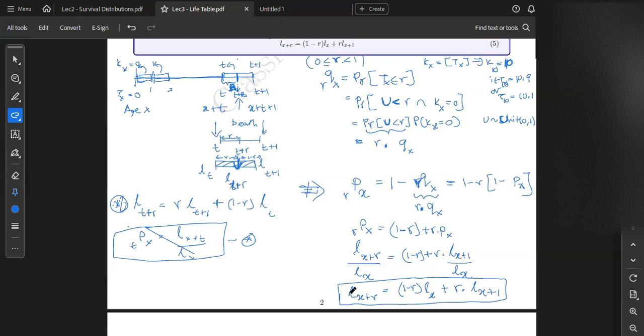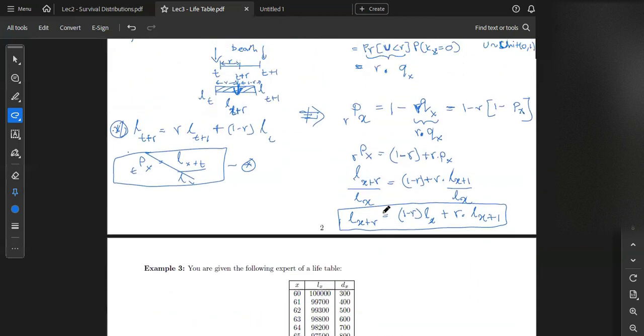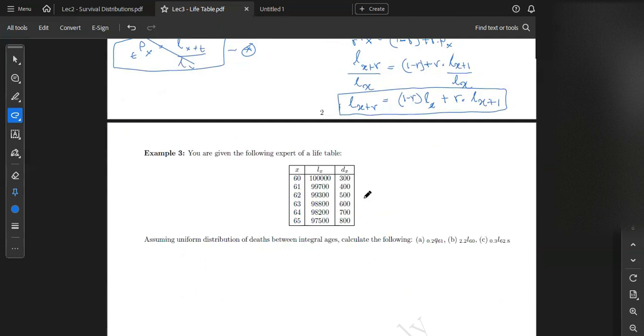So if you need to find l_{x+r}, r is the fraction, so then 1 minus r of l_x and r of l_{x+1}. So it's the two integer values that act as the boundaries for this 1 year time interval. So those are the two equations, but you will get the idea of those two equations quickly when we apply them in a practical situation.